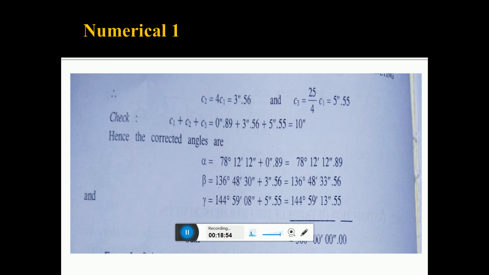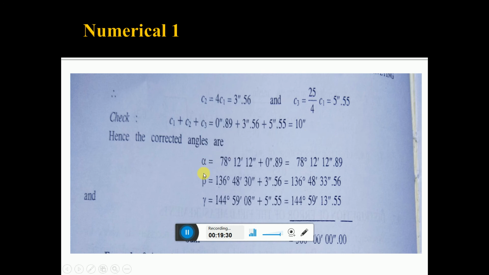Then as the error is negative, each angle is to be increased proportionally. So alpha is equal to observed angle plus C1, beta is equal to observed angle plus C2, and gamma is equal to observed angle plus C3, and the summation of all the angles must be equal to 360 degrees, 0 minutes and 0 seconds.